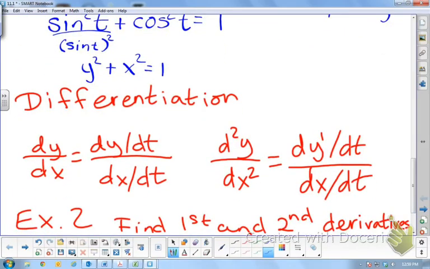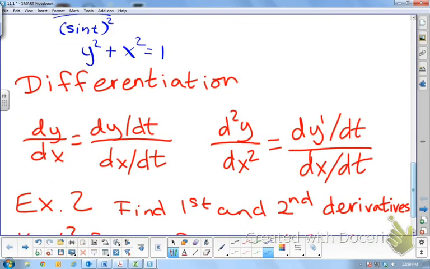So when we differentiate a parametric function, it's a little bit different than differentiating normally, because we have an x of t and we have a y of t. So to find the derivative, we have to take the derivative of the y piece.